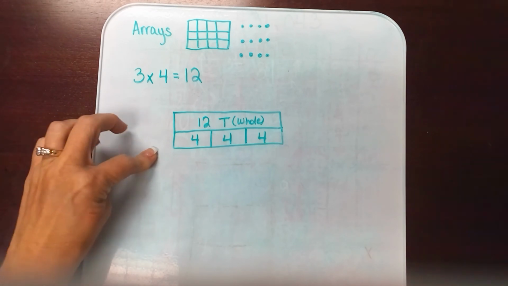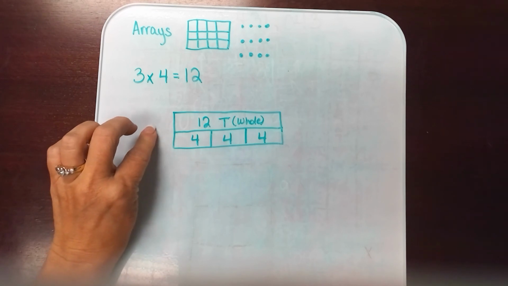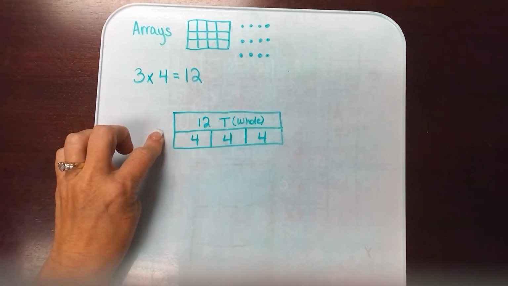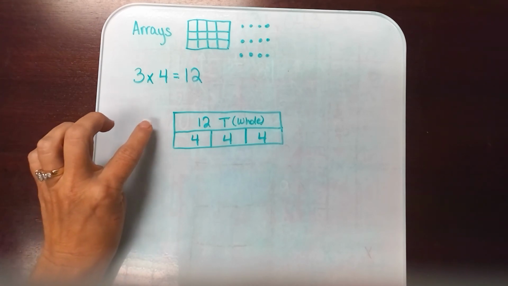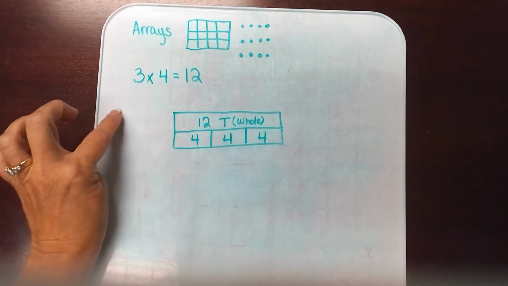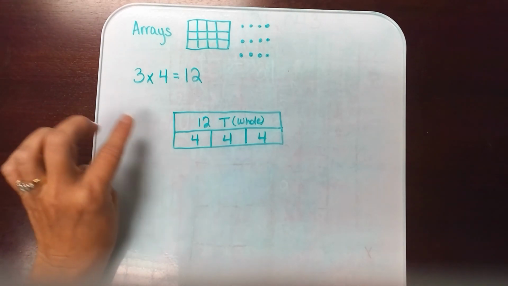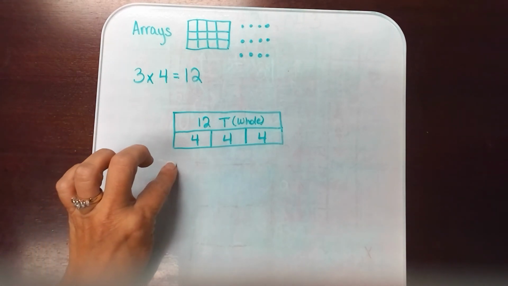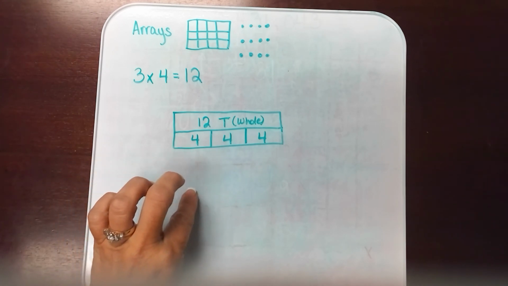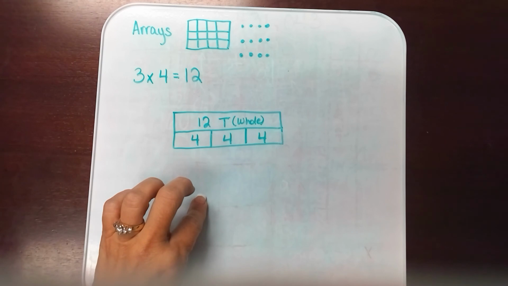Make sure also that one important thing is students need to be able to look at representations and see if they match the word problem, okay? So it's not just about students drawing the representations, but it's also about them evaluating representations to see if the correct representation was created.